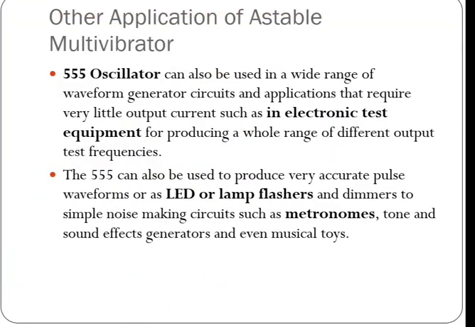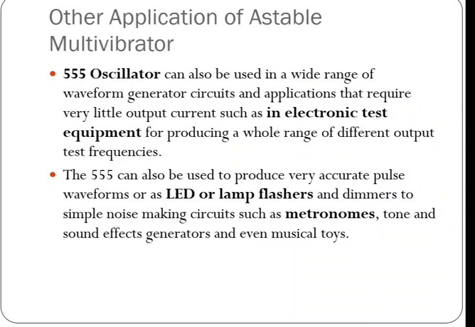Now what are the applications of the 555 timer as an astable multivibrator? An astable multivibrator could be used in electronic test equipment circuits, and it could produce a wide range of test frequencies. Apart from electronic testing equipment, it can also be used for making toys.